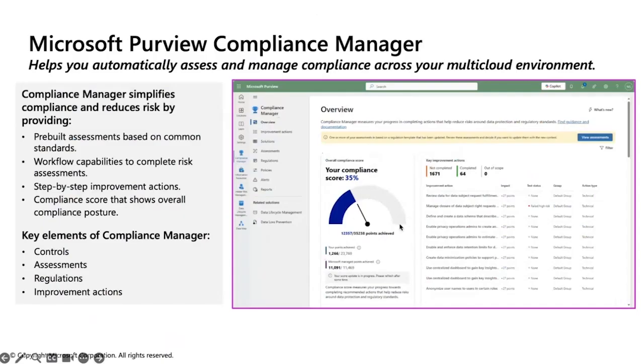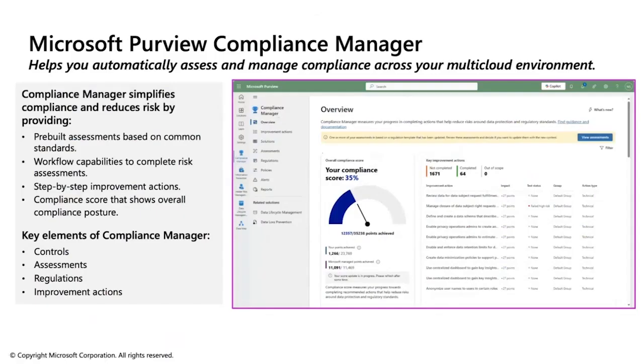This is a great tool where you can see the current posture. You can also create assessments. For example, how will I know how many of the 1,671 improvement actions are related to GDPR?